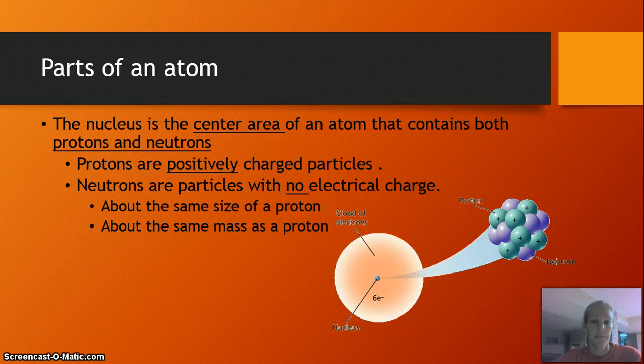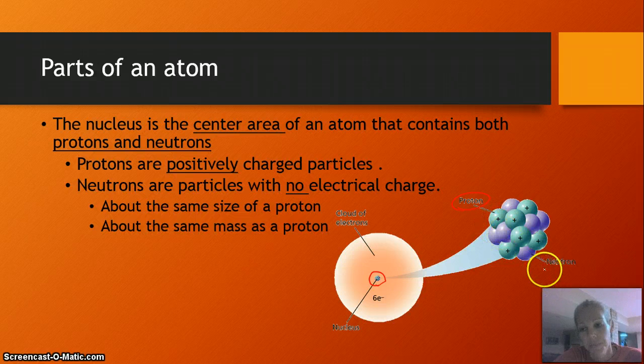So as you know now, the nucleus is the center part of an atom. It's pretty small when considering how big of a space the entire atom takes up. It contains both protons, which you'll see over here are the positively charged particles.